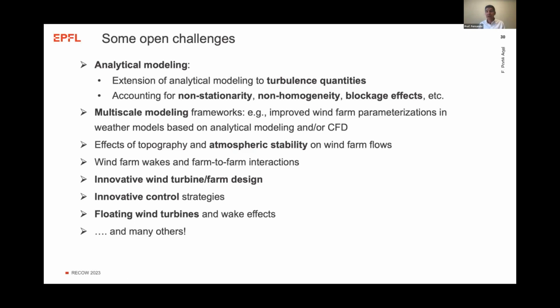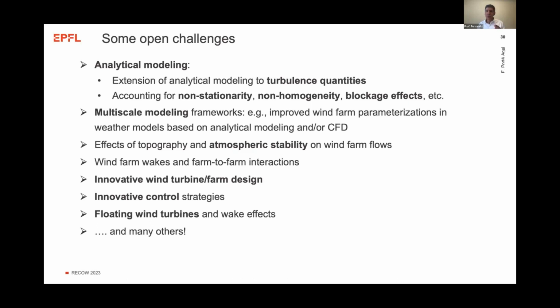Something very important is to extend this kind of simple modeling, fast calculation type of modeling, also to turbulence quantities, because now we can predict the power losses quite well, I think, and we're making a lot of progress, but there is not a lot on the turbulence level that is needed, for example, for fatigue loads and to understand how much turbulence is inside the farm. All the models at the moment, or most of them, are highly empirical or semi-empirical, so there is quite a lot of room there.